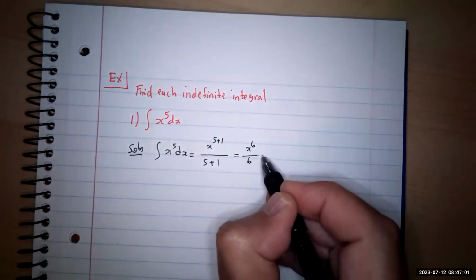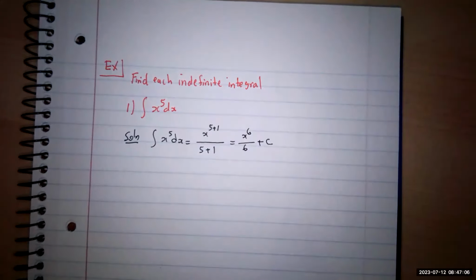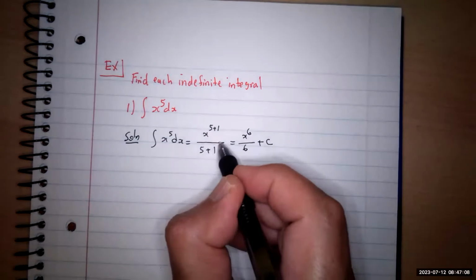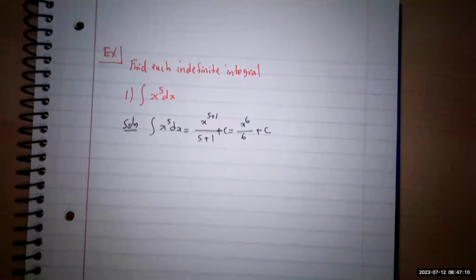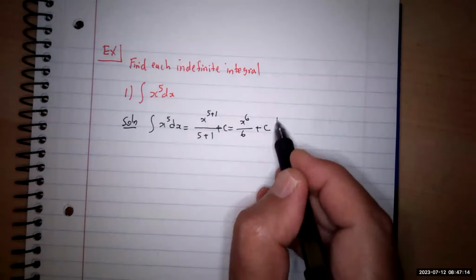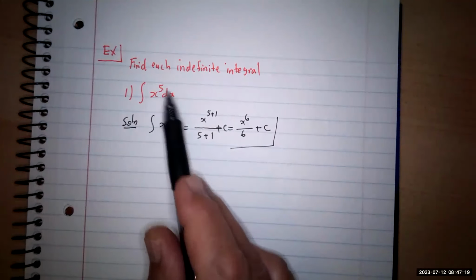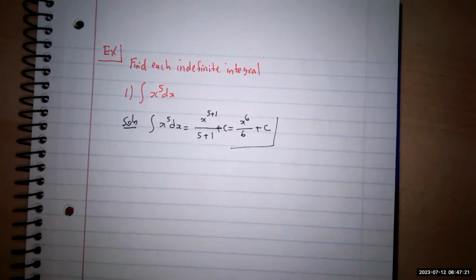But remember the constant. You should always give us the constant, even if you have to write it here. So we call it the action of integration: move the power up, x to the 5th becomes x to the 6 over 6 plus c.